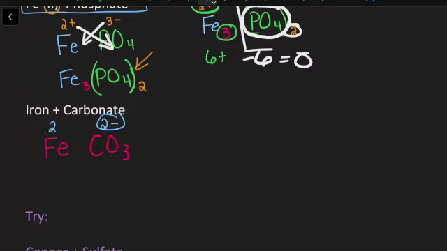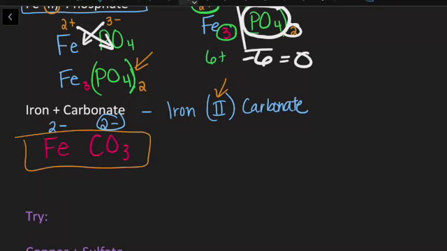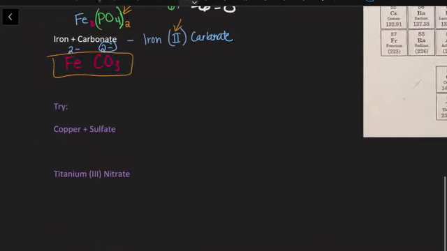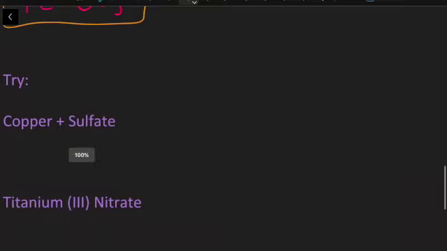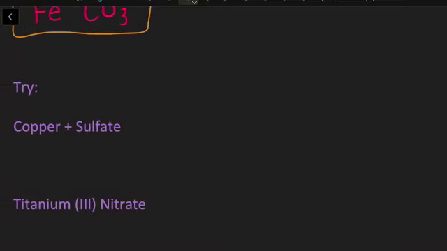So we're going to assume that it has a 2-. If you were really actually writing this out, you should write iron 2 carbonate. But if you are not given this Roman numeral right here, you can still figure it out the way we just did. Alright, I want you to pause the video and try these 2. Please do that now. Pause.